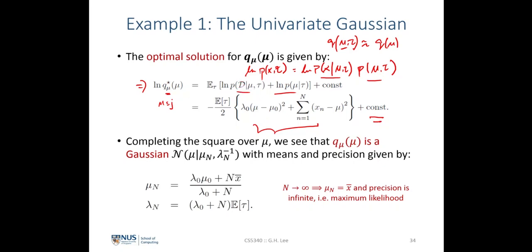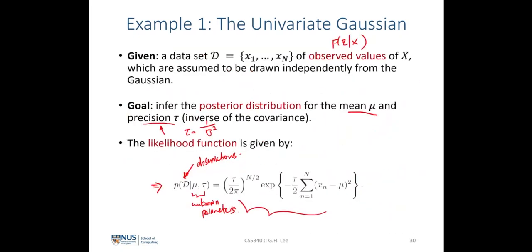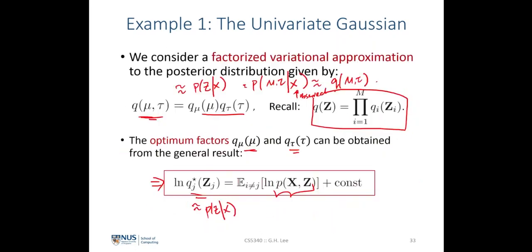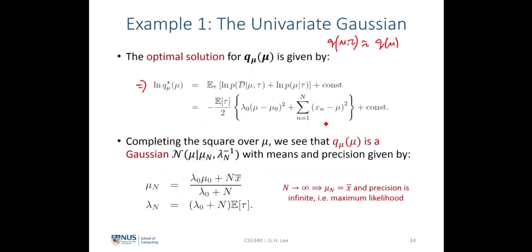This expression contains all these coefficients that are independent of mu, so we can pull them out and dump them into the constant term, where what remains in this expression is a function of mu, because what we are interested in is the functional form of q in terms of mu, where mu is the variable in this function q mu.